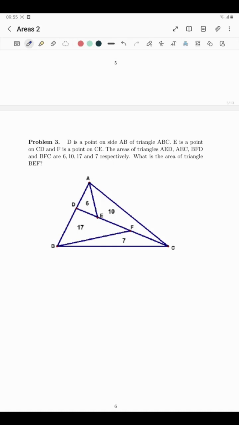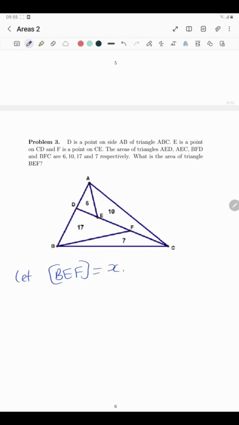So pause this and see if you can try it out. If you get stuck, listen a little bit and then see if you can finish it off yourself. Okay, now one way we can solve this problem is to say, okay, let the area of triangle BEF equal x, because that is what I'm looking for.